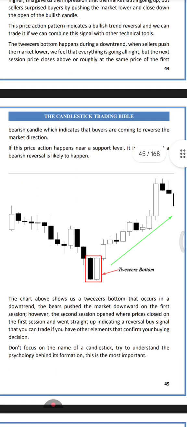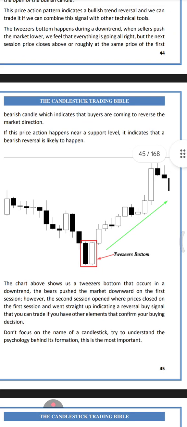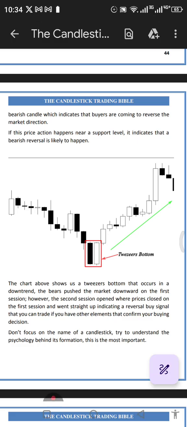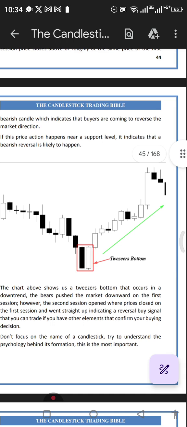So this is the tweezer bottom, as you can see on the chart, and the buyers that come to the market move the price, and you can see it has rallied all the way to the top. Somewhere at the top you notice that a bearish harami formed, which brought the price down.